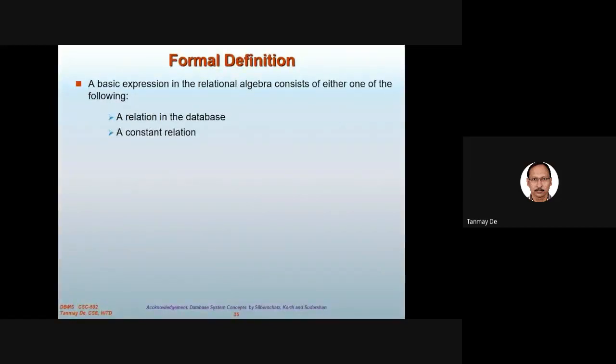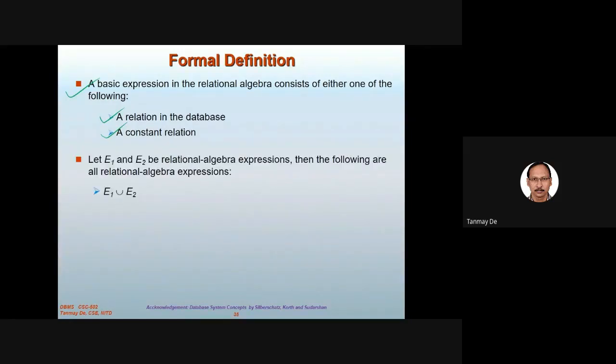Now, the six fundamental operations are already discussed. Now we formally define the relational algebra. The formal definition: the basic expression of relational algebra consists of either a relation in the database or a constant relation. A constant relation means the outcome or result of some process.